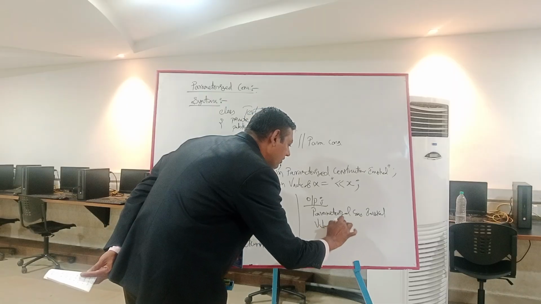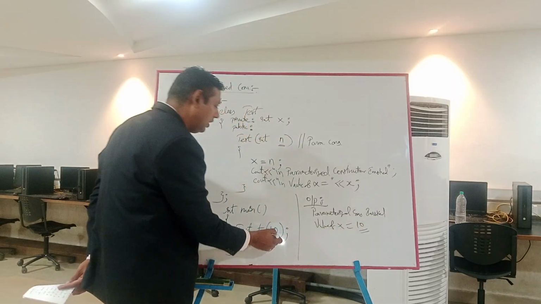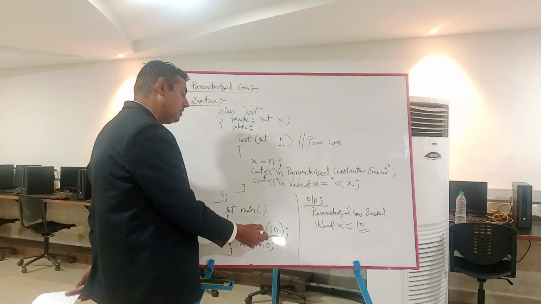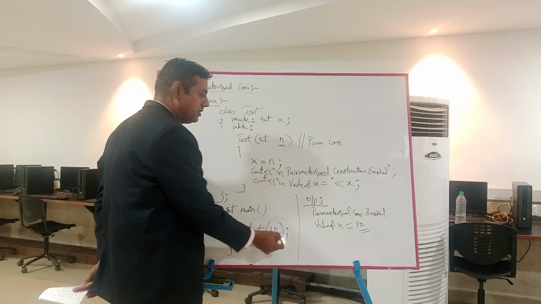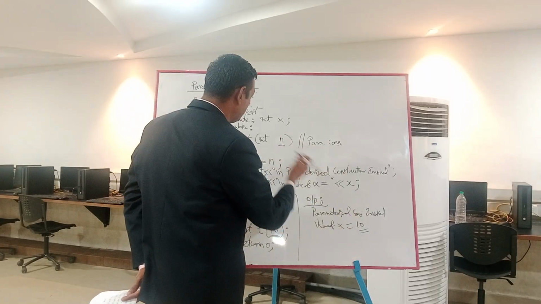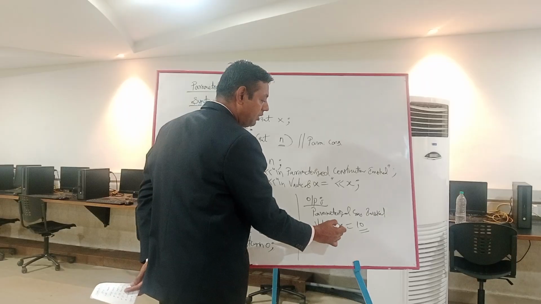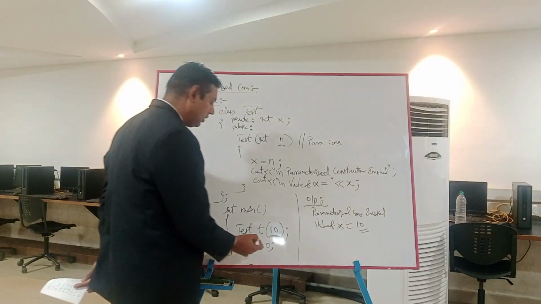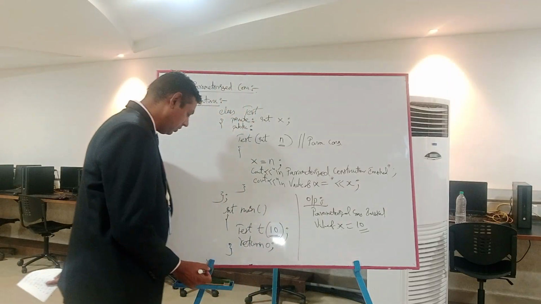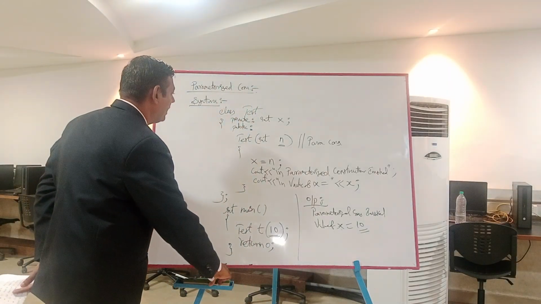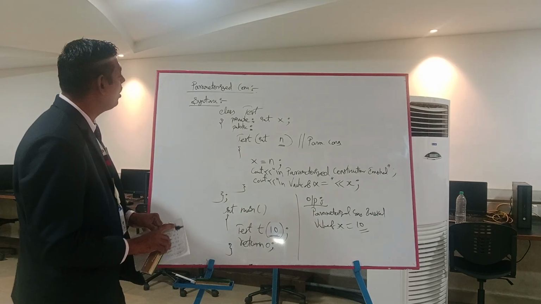So value of x is equal to the value I passed. Whatever value I pass to the object during object creation is given to the parameterized constructor and assigned to the class data member. That same value will be printed here. So this is with respect to the parameterized constructor. Next we'll see the copy constructor.